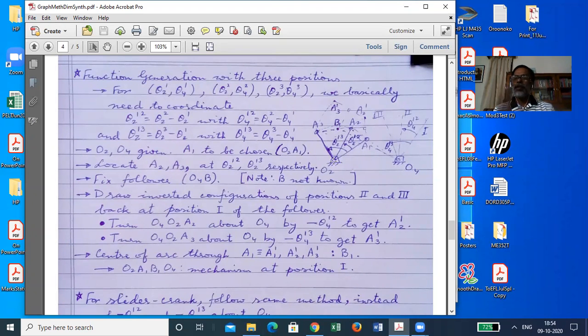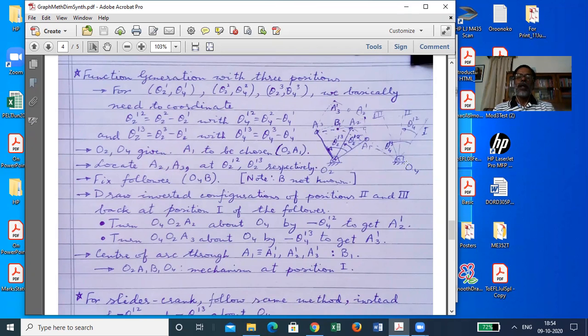Wherever O2 goes, you don't care, because you don't know anything with which distance O2 is fixed. Wherever A goes, that is the issue. So when we say turn the rest of the mechanism O4, O2, A2, we basically mean turn O4, A2. The O2 also will be turning, but wherever it goes, it doesn't matter.